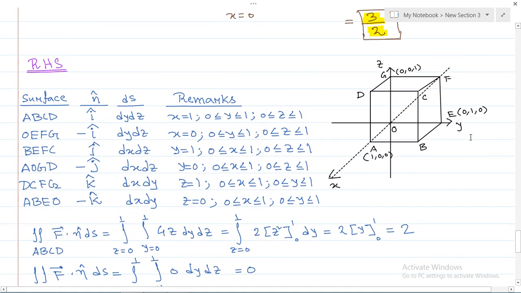Now to perform the surface integration, we have to draw the domain and a table. Here is the cube that we have, where the length is the same everywhere. Now we again have 6 surfaces. The front surface is ABCD.